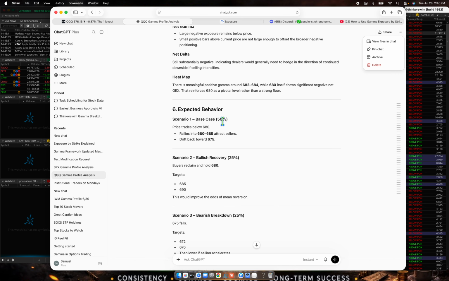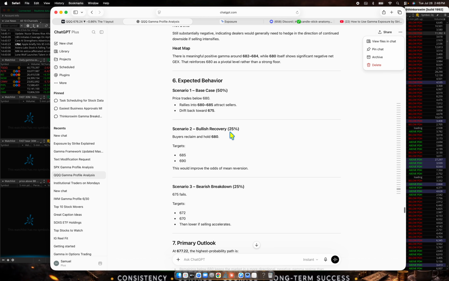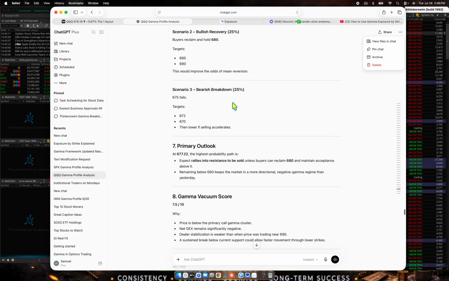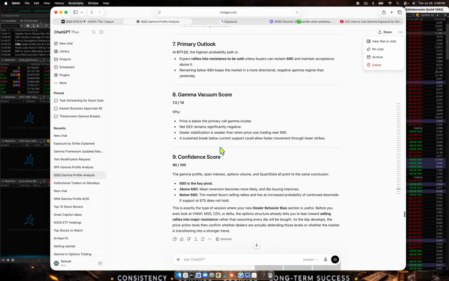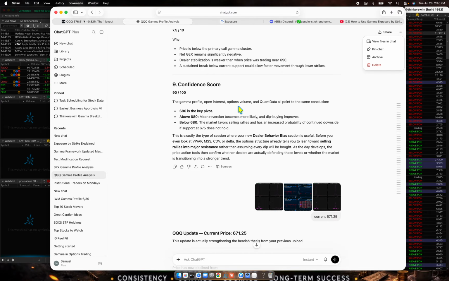Case scenario 1: trades below 680, rallies into 680, 685, attracts sellers, drifts back towards 675. Our bullish scenario, our bearish breakdown, and our primary outlook: at 677.22, the highest probability path is to expect rallies into resistance to be sold unless buyers can reclaim 680 and maintain acceptance above it. Our gamma vacuum, our confidence score.